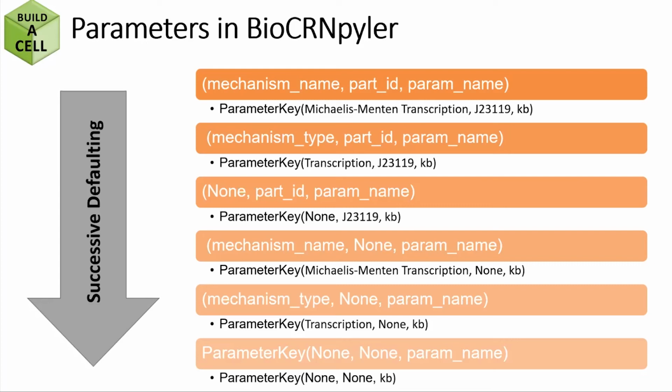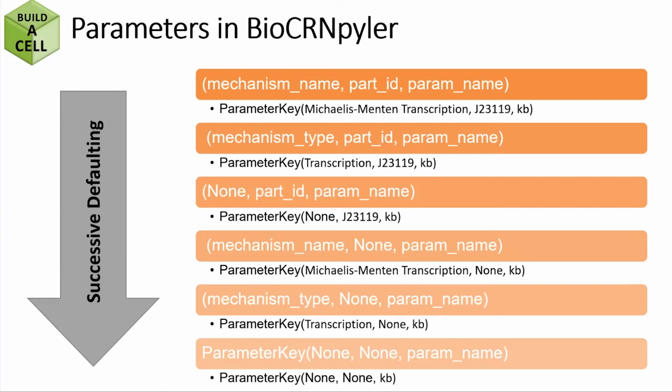At the highest level, you can specify every single parameter in the model very uniquely by looking at the name of your mechanism, the part ID, this is like the name of a component, and the name of the parameter. For instance, maybe this is Michaelis-Menten transcription. Your part ID is the name of the promoter. This is one of the Anderson library promoters.